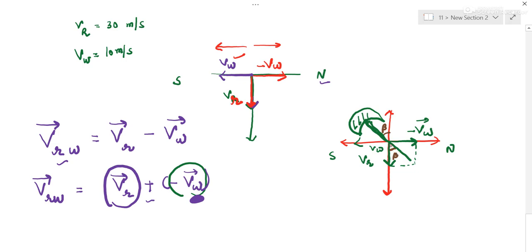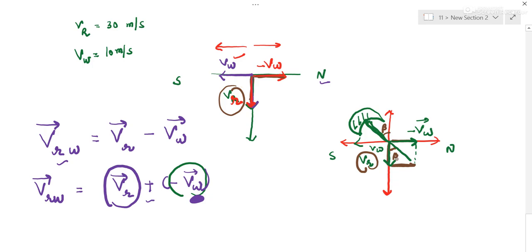Now, tangent beta will be perpendicular, which is this VW, by base, which is V rain. VW, that is minus VW, okay, the negative sign will not be taken into account. Negative is just for reversing the arrow.